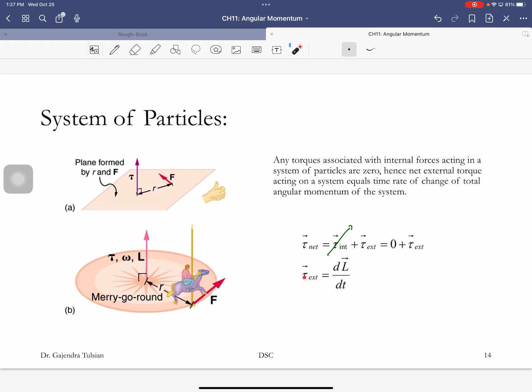So if an external torque acting on an object is zero, then its angular momentum will be constant. So if this is zero, this L will be constant. All right, and so we'll see some spectacular examples of that.